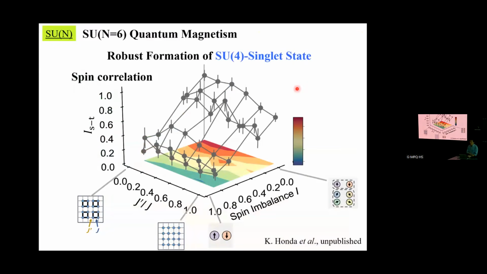In a more recent experiment, we extend this spin correlation measurement of SU(6) fermions to various lattice configurations, from isolated pockets to a uniform square lattice, and also for various spin imbalances from SU(6) to SU(2) cases.